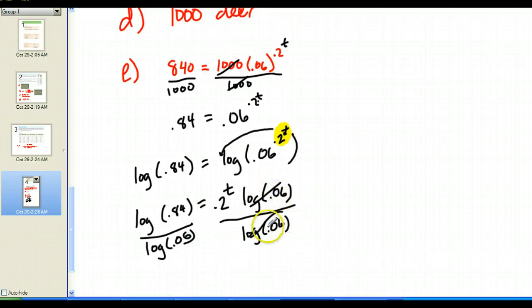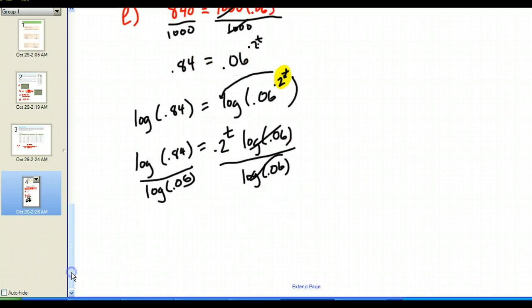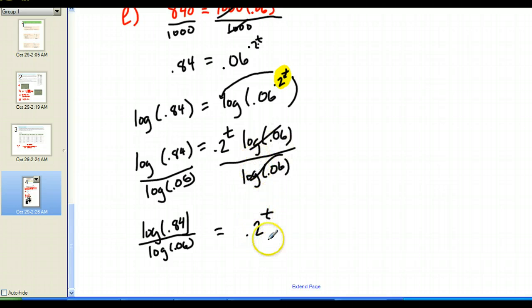Alright, and what do I have left? I have the log of 0.84 divided by the log of 0.06 is equal to 0.2 to the t, right, because this part's gone. Now what do I need to do?